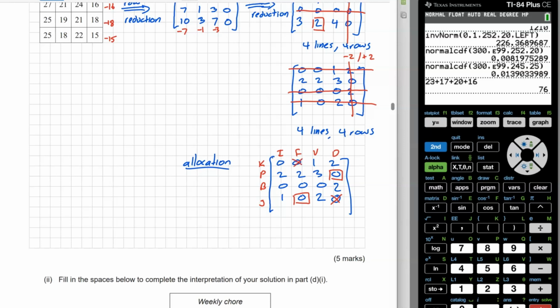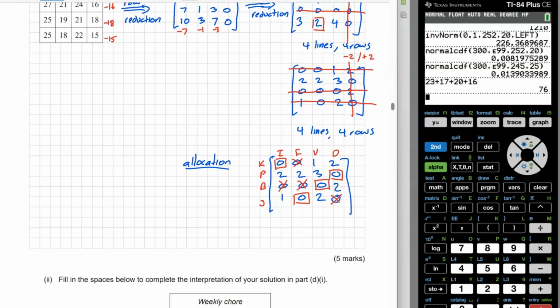And so that means that Kelly can't do the folding. So her only option then is to do the ironing. And if she does the ironing, then Bobby can't do the ironing. Oops, I should have crossed off the folding before from him. And that means that his only option is then to do the vacuuming.